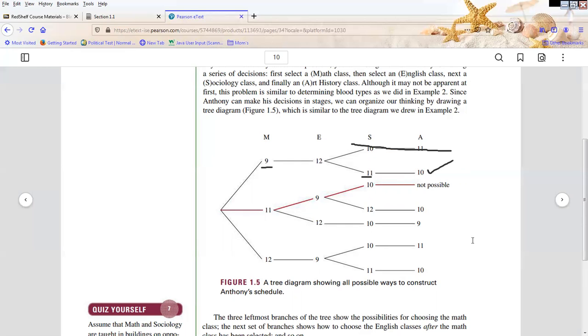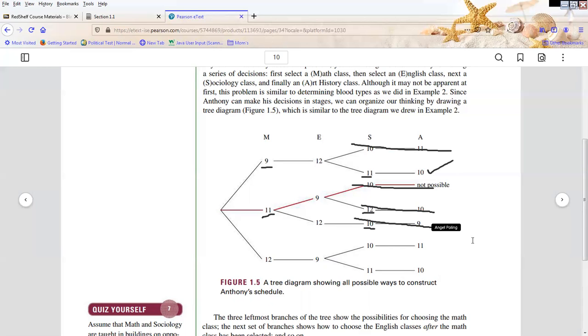Now looking at math at 11, on that third row again, that's not a possibility anyway because of the art history class. And now we're looking at math at 11, going to social at 12. That's not going to work. Math at 11, social at 10 is also not going to work.